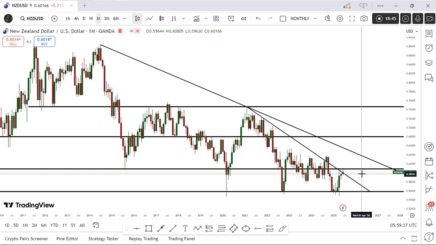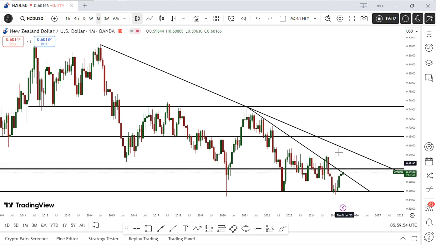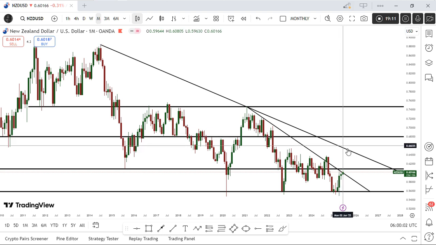But if you are able to close above this line and close above this bar right here, then you're hearing it first here on Egon Trades Radio that we are ready to move from this zone right here to another zone that is about 67 to 68. That's about 700 pips to the upside.